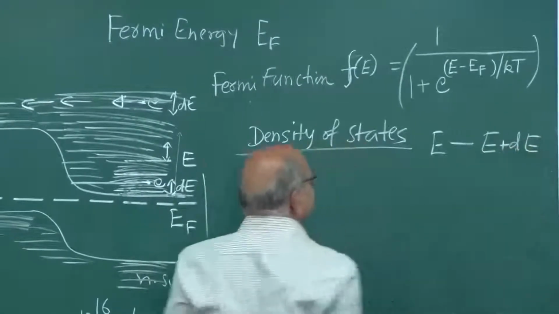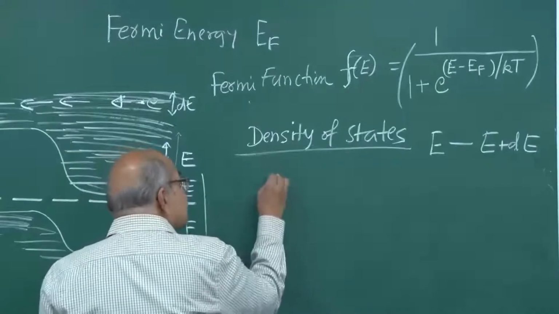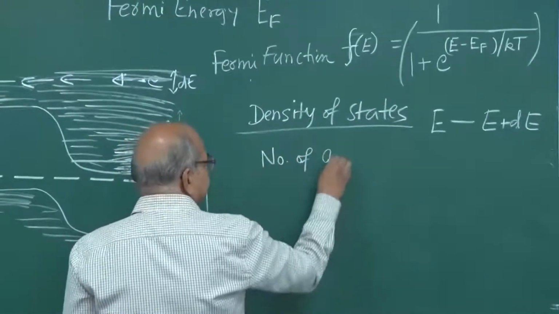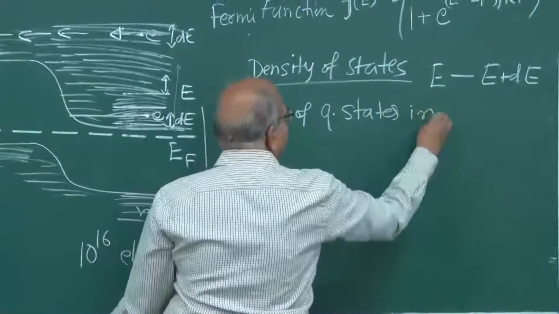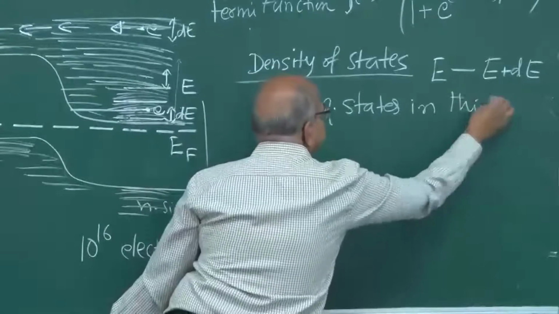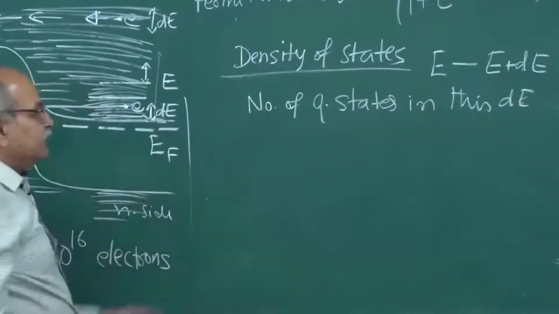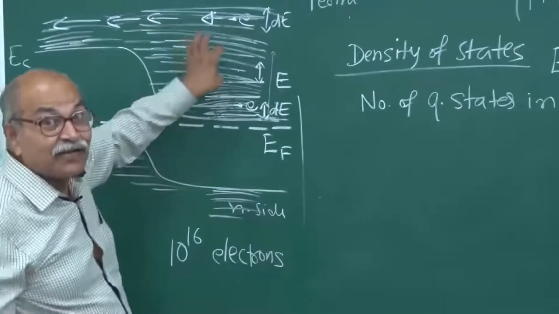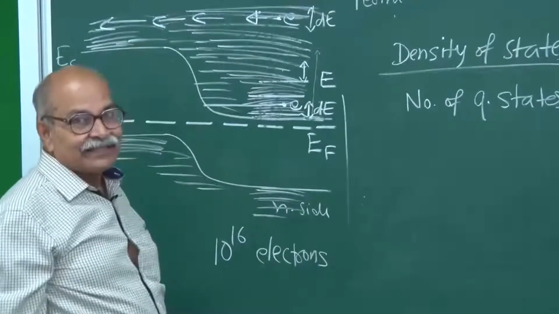Consider this and then ask the question, how many quantum states are there in this dE? How many quantum states are there in this energy range? Not electrons, quantum states, occupied or not occupied. How many quantum states are there in this?